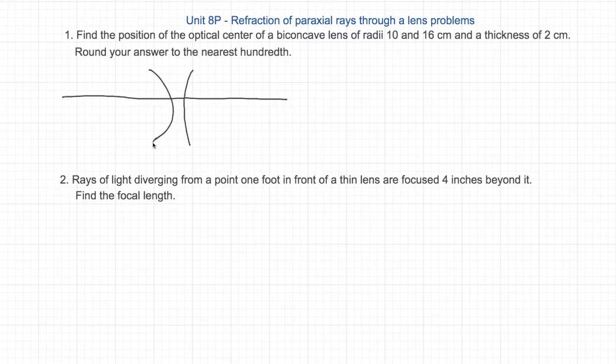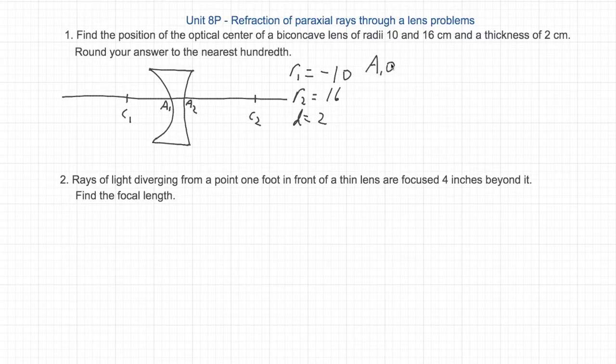So this first problem talks about a biconcave lens, and we have to find the optical center. I've labeled the vertices A1 and A2 and put the centers of curvature on the proper sides. Now remember, the radius is defined as the distance from the vertex to the center. So R1 is -10 and R2 is +16. We're also given that the thickness is 2.